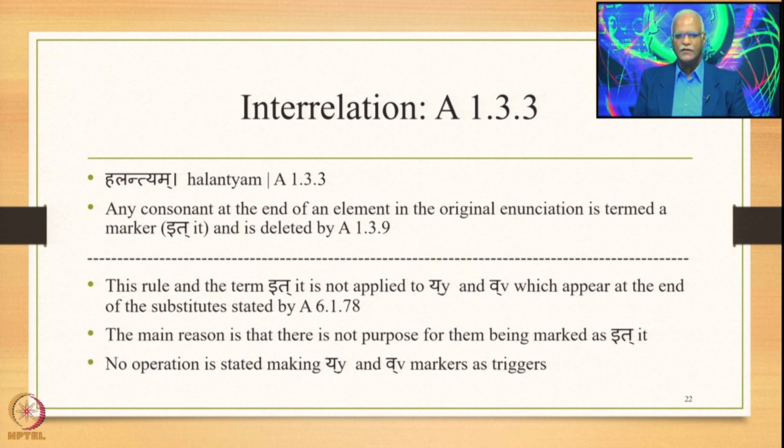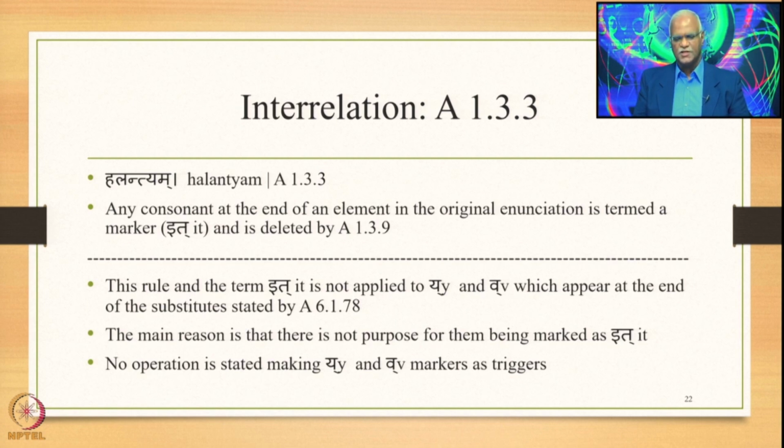Now this rule and the term it is not applied to ya and va, which appear at the end of the substitutes stated by 6178, echo yavayavaha: aya, av, aya and av. The main reason is that there is no purpose for them being marked as it.